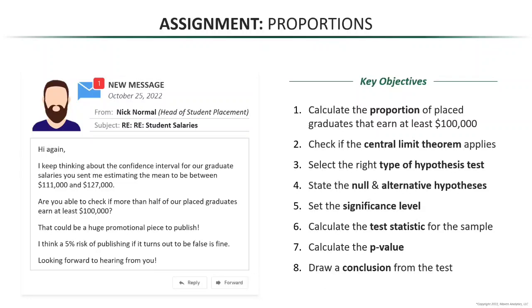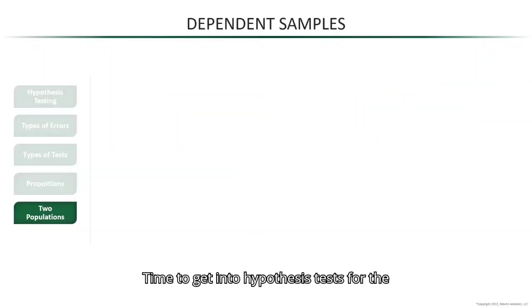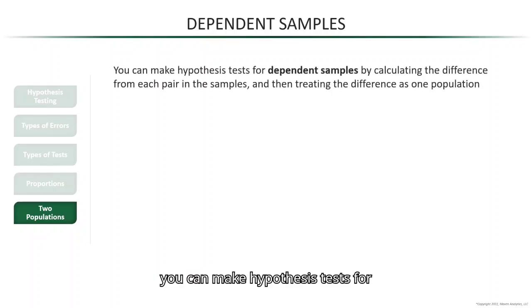Good luck. Time to get into hypothesis tests for the difference between two populations, starting with dependent samples. So you can make hypothesis tests for dependent samples by calculating the difference from each pair of observations in the samples and then treating the difference as one population. And this is the same exact thing that we did for confidence intervals with dependent samples.